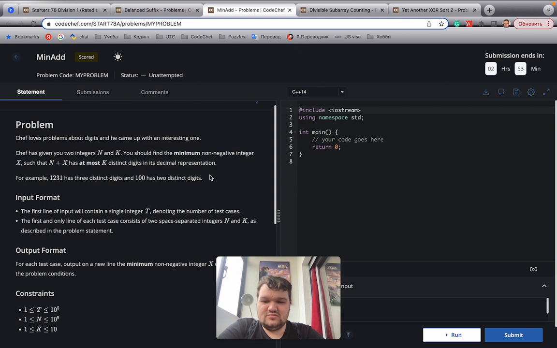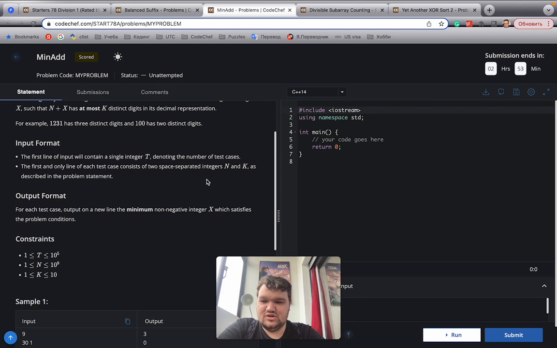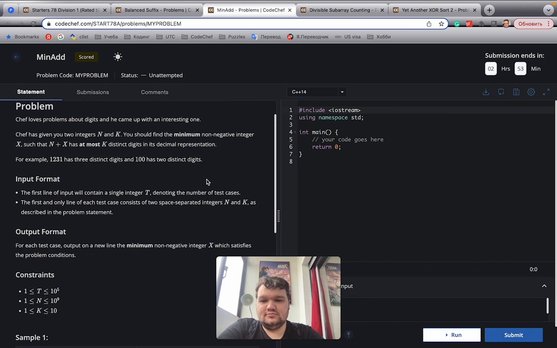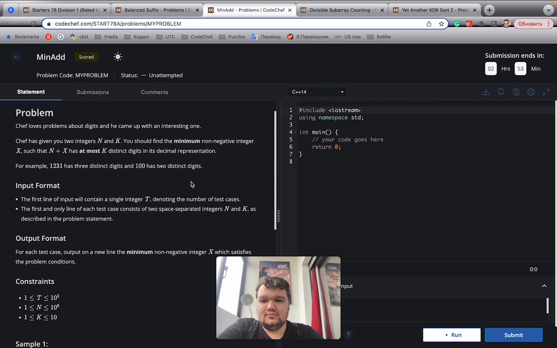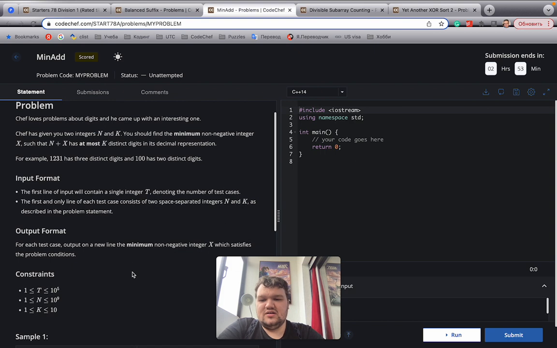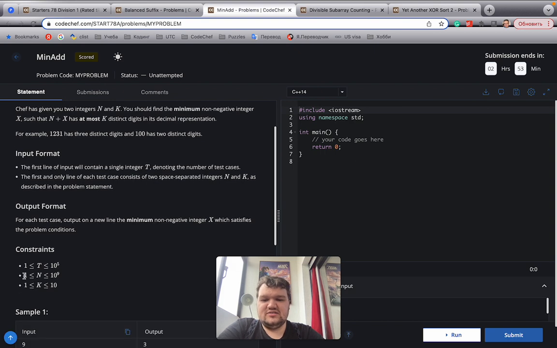That sounds like a known problem, but sure. Okay, so minimum non-negative x means that we should find the minimum number that is at least n with this property.